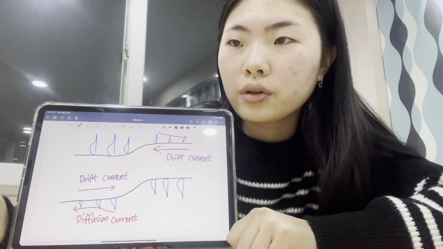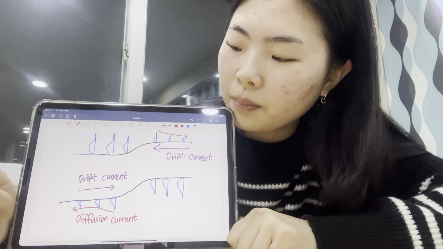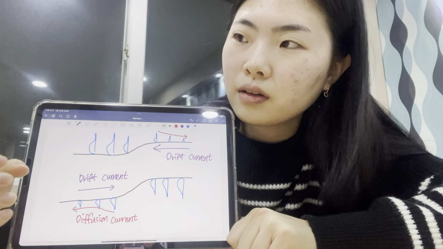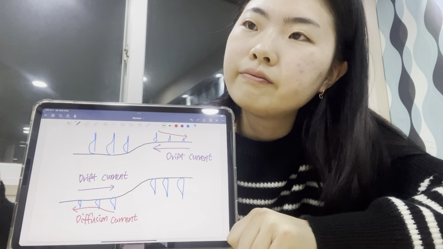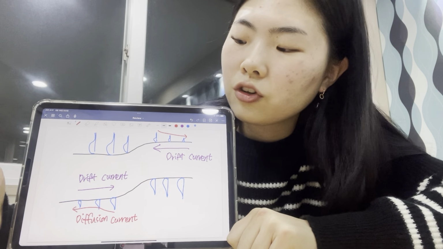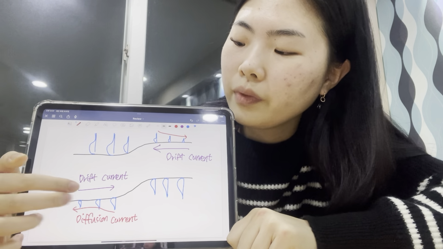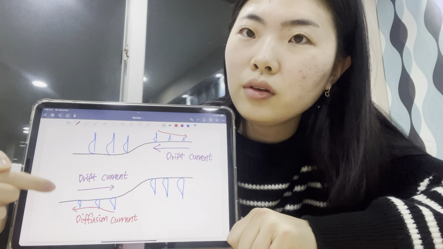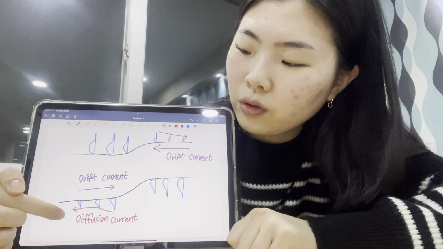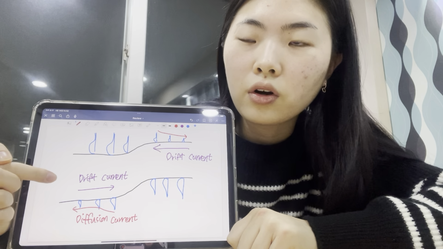This is a very important current. And then the holes get lower in concentration, so it also makes drift current. So current is equal to diffusion current plus drift current.